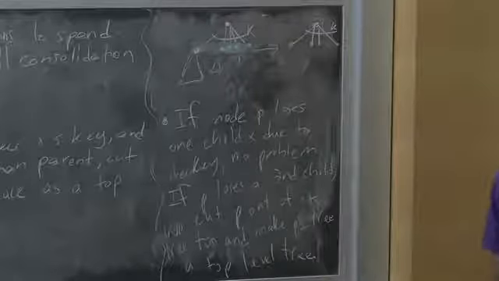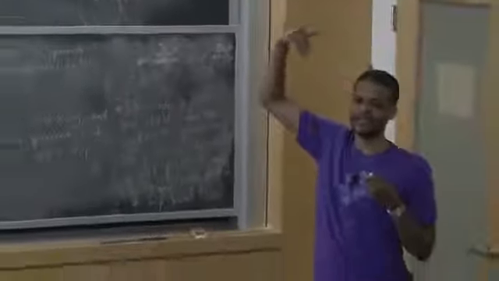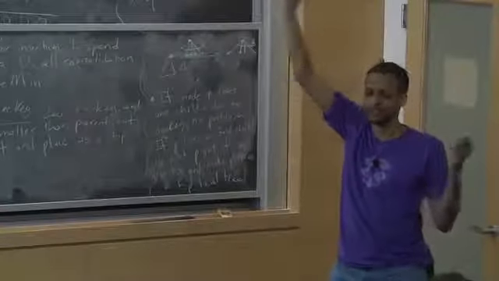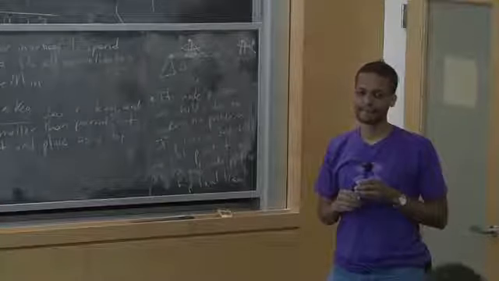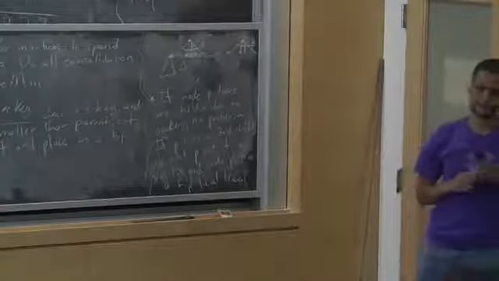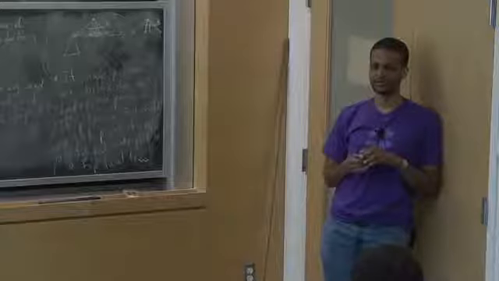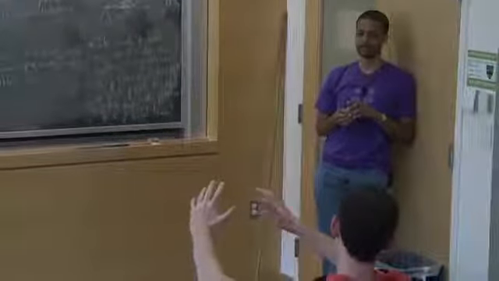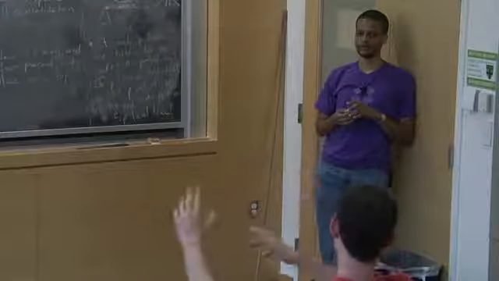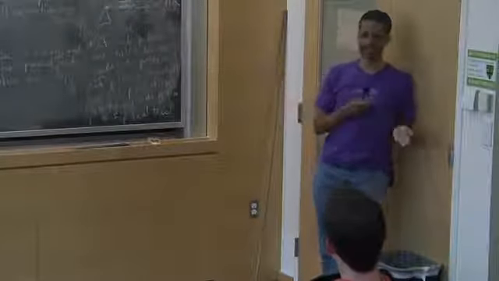Yes, this might recurse. P itself has a parent, and P might be the second child lost by its parent, and its parent will then cut itself out of the tree. To answer your question, let's say P loses a child x, that's the first child.